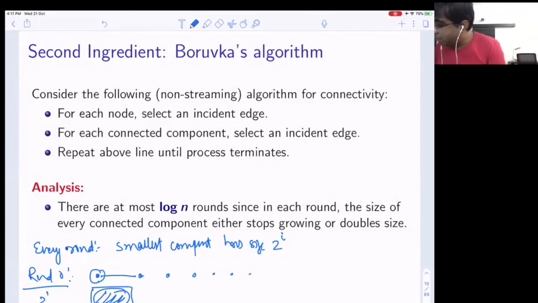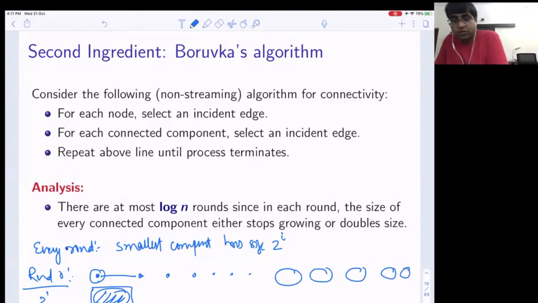Now, suppose I am in the ith round and every minimum size component is 2 power i. Now they propose, so at least 2 components merge. So in each round, at least 2 components merge. And since the smallest component had size 2 power i, in the next round the smallest component will have size at least 2 power i plus 2 power i, which is greater than or equal to 2 power i plus 1.